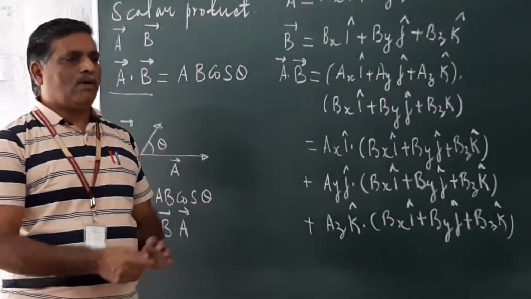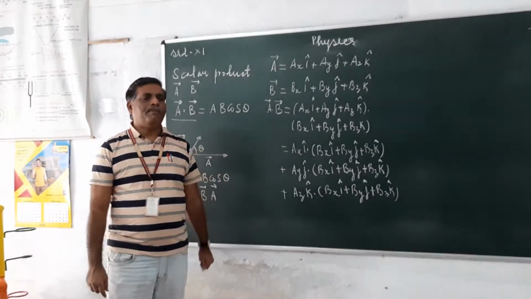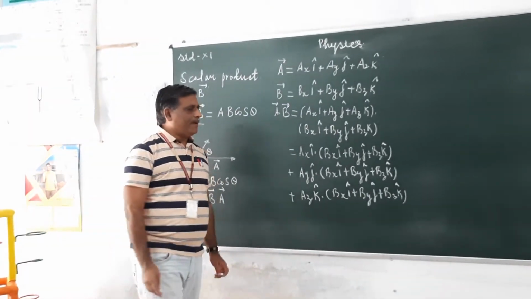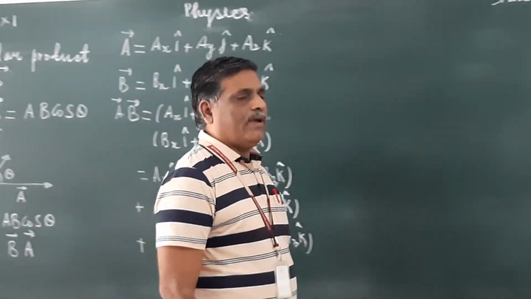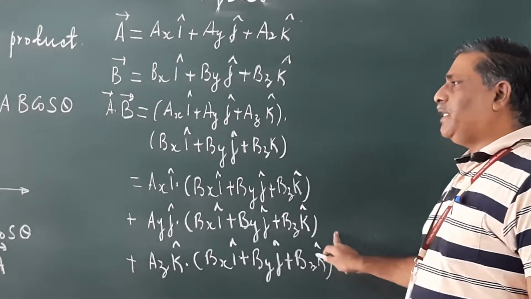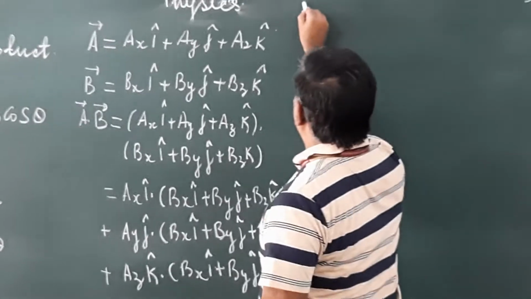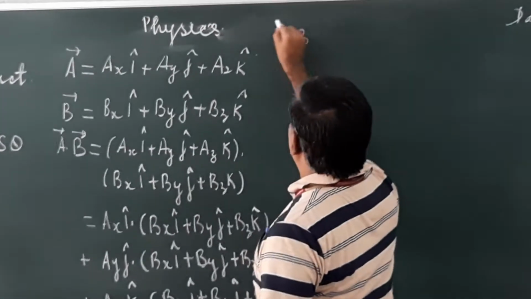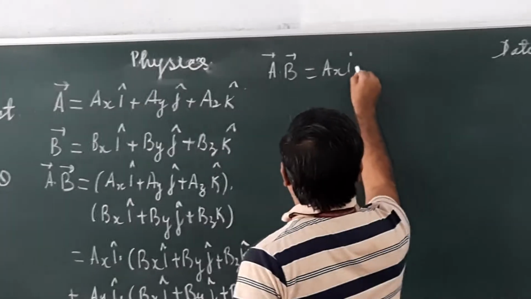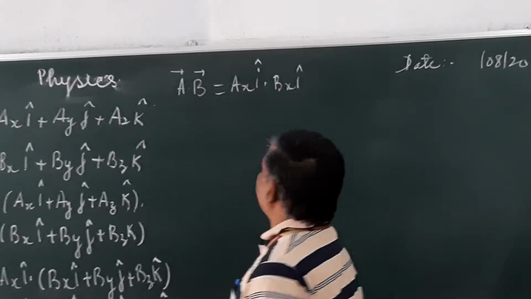AX i we operated on complete B, AY j we operated on complete B, and AZ k we operated on complete B. Now one by one again, when we go further, there are total 3 lines, but when we operate further, then A dot B becomes AX i dot BX i, first term.